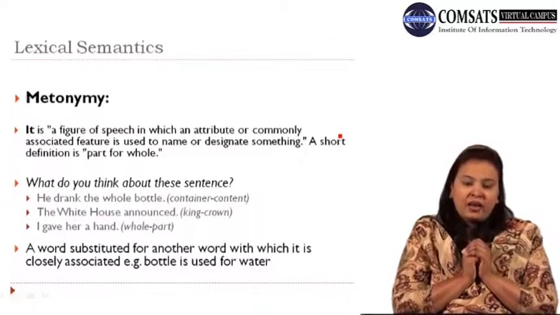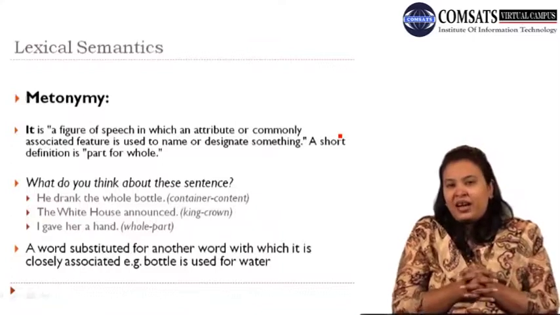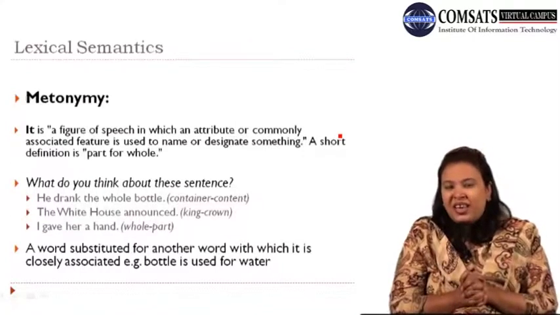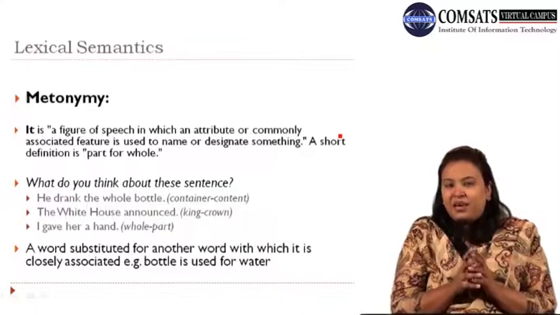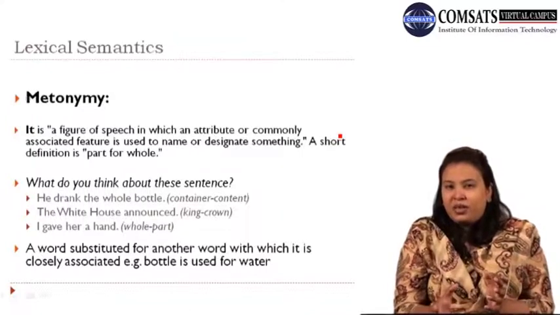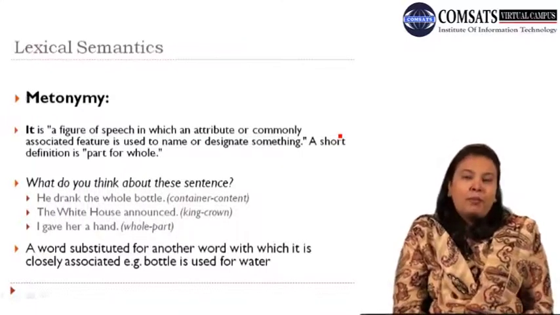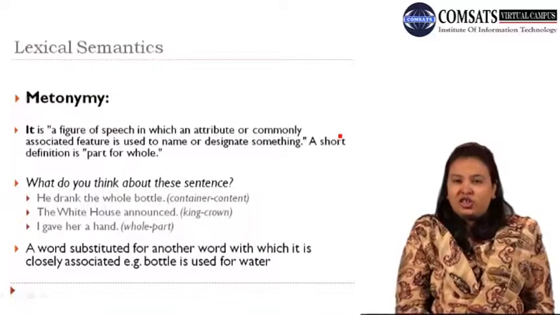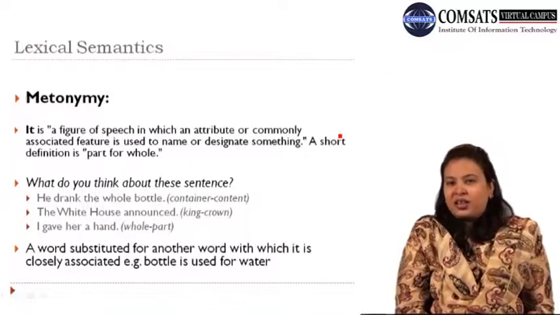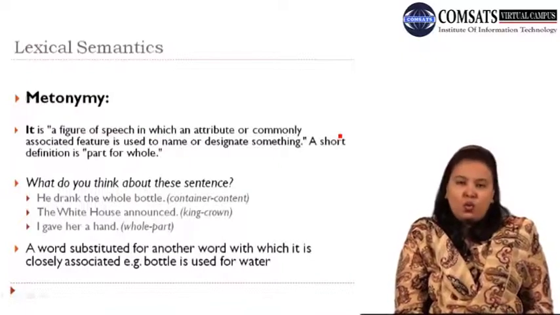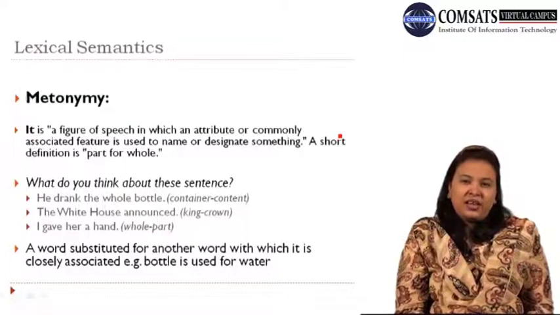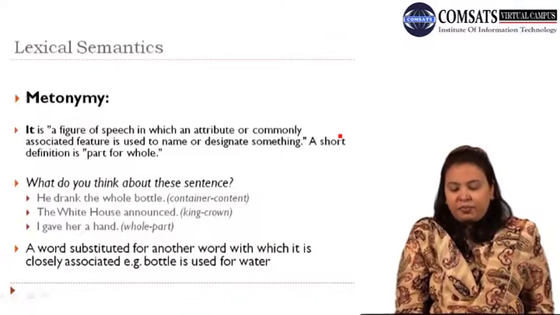I gave her a hand. Now hand, I gave her a hand, a helping hand. So again it is representing a part of my body. So this is why metonymy has a part-whole relationship, and a part stands for something that represents a whole, or a whole stands for something that represents a part.